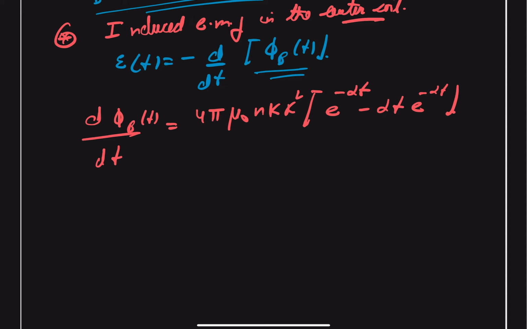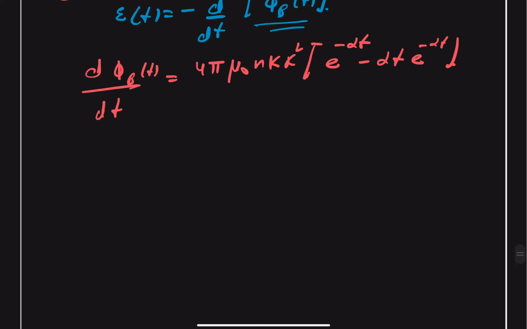So therefore the induced EMF can be written as minus 4 pi mu naught n k r square, e raised power minus alpha t minus alpha t e raised power minus alpha t.